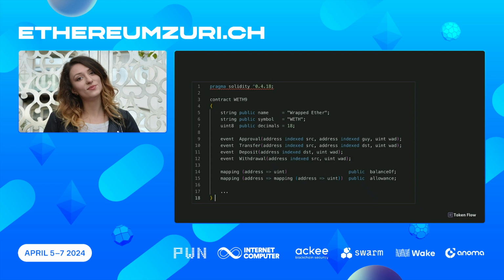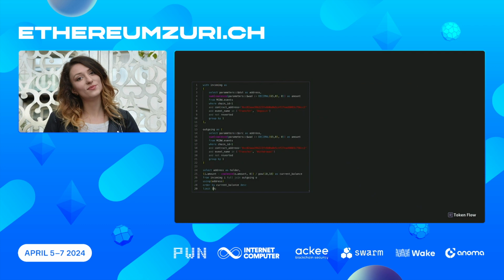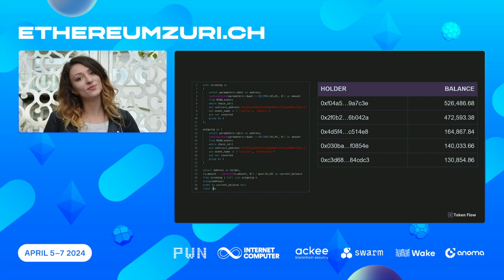This is the actual smart contract. The events are lines 9 through 12. And as you can see, there are a few other events that should be taken into account, like deposit and withdrawal. If we ignore those, you get the 6.5 million top one holder. But if you take that into account, you would get the right numbers.